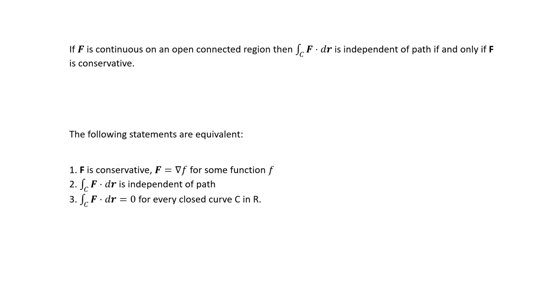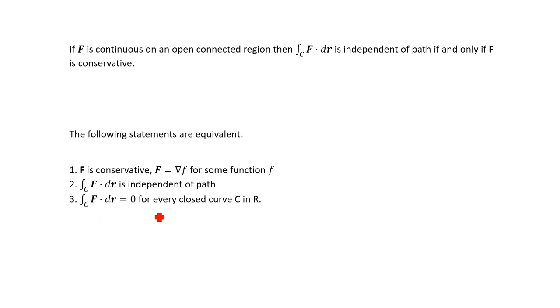If that happens, then the integral of f dot dr is independent of path. So number 2 is only true if number 1 is true, and number 1 is true only if number 2 is true. So these 3 things are either all true or all false.